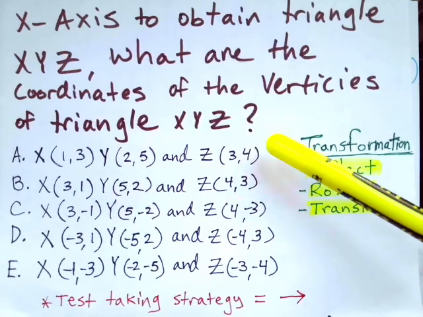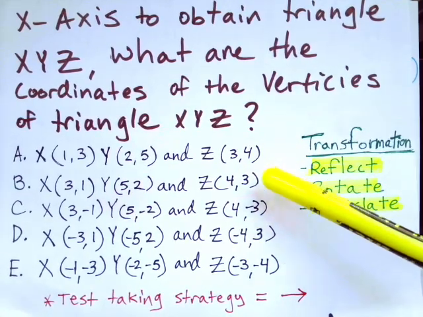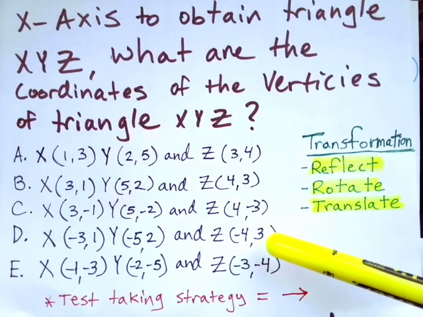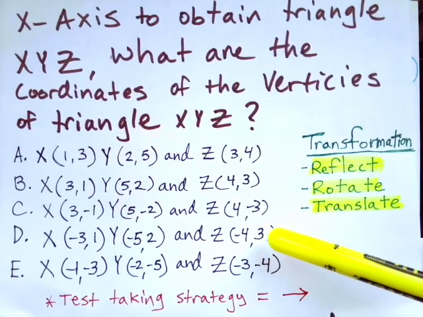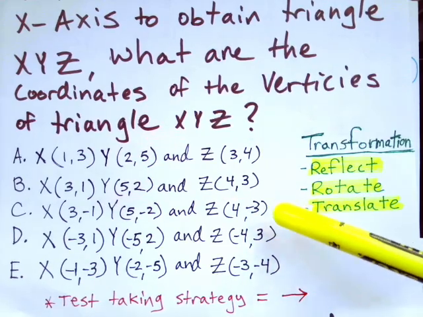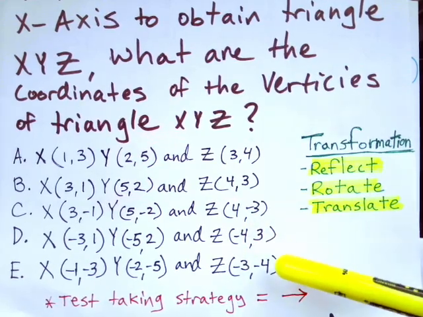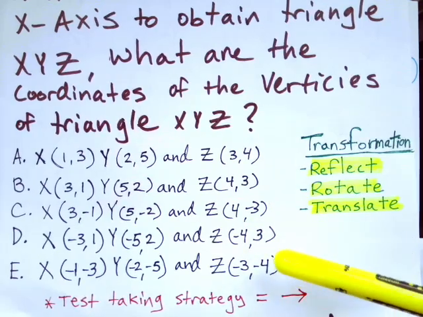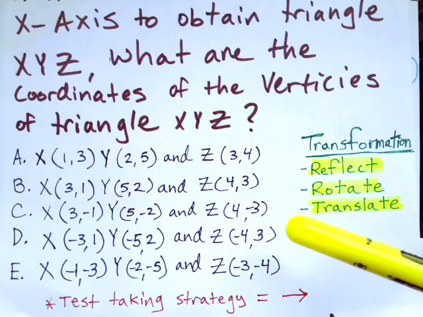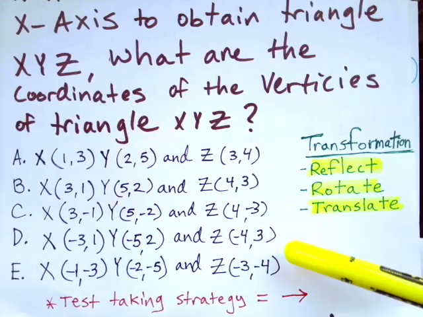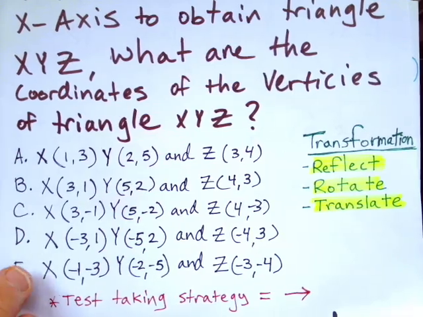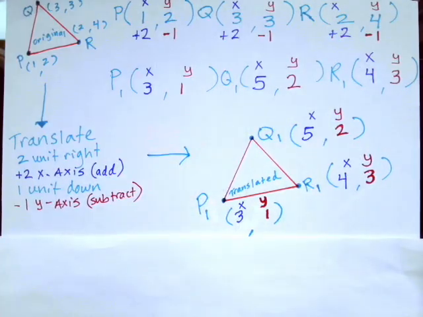So the test-taking strategy here is you can eliminate A, B, and D. There are no negative y values there, right? Option C and E are the only two options because those are the only two with negative values. So if I had to guess between C and E, there are only two options. I have a 50% chance of guessing that answer right. If I could get those odds in Vegas, I would be a very rich man.